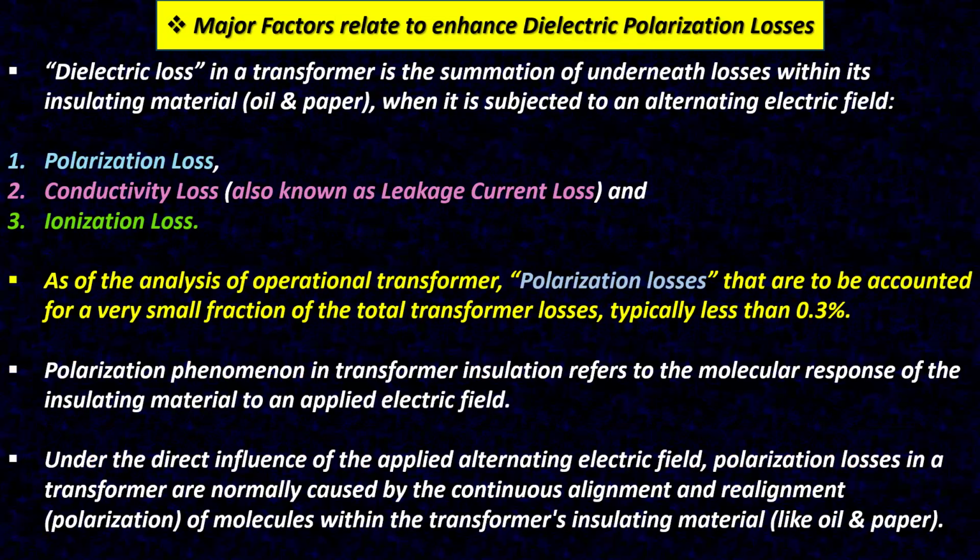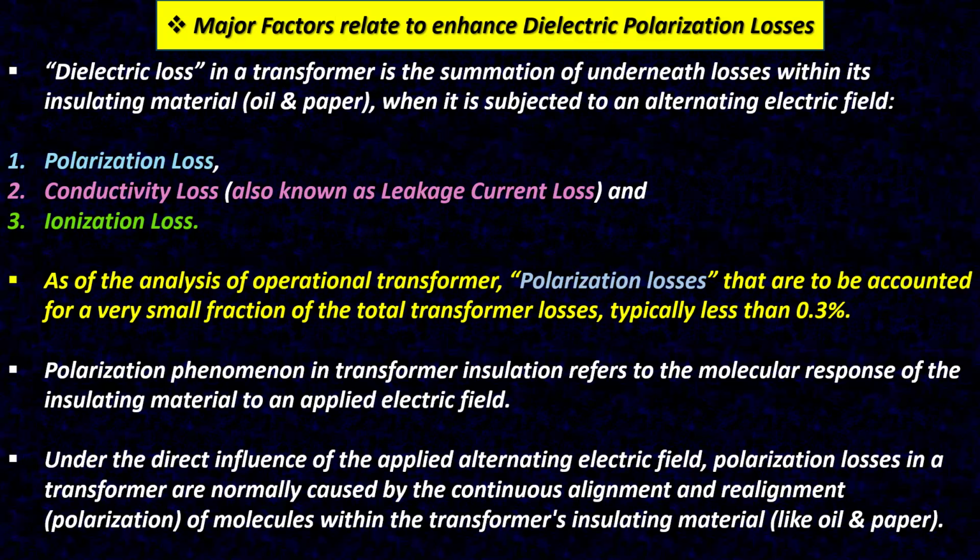Major factors relate to enhanced dielectric polarization losses. Dielectric loss in a transformer is the summation of the following losses within its insulating material, that is oil and paper, when it is subjected to an alternating electric field. 1. Polarization loss. 2.